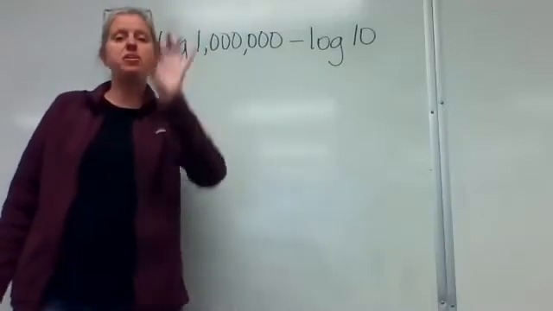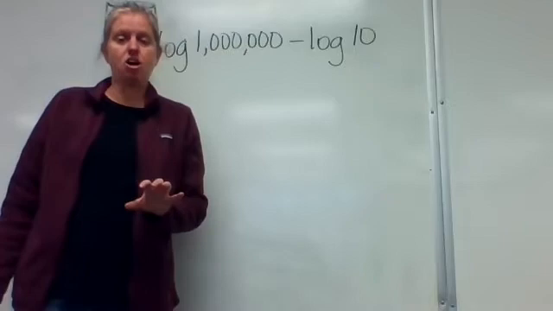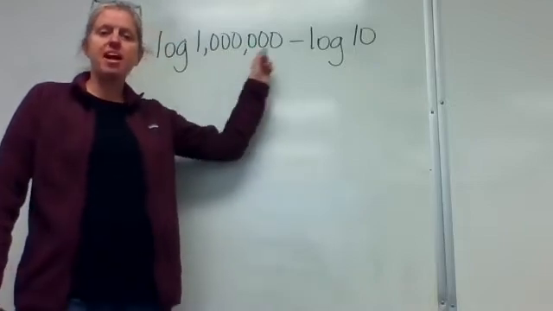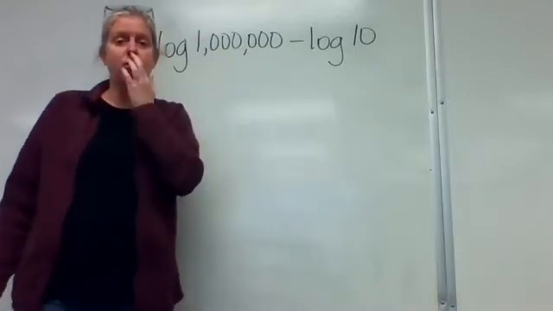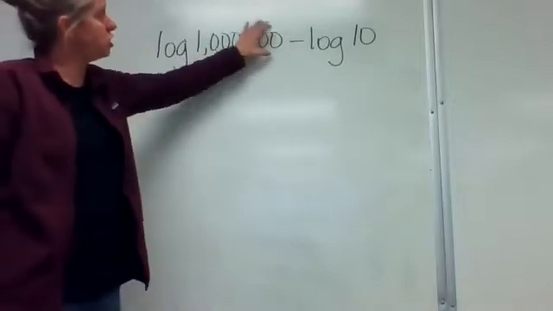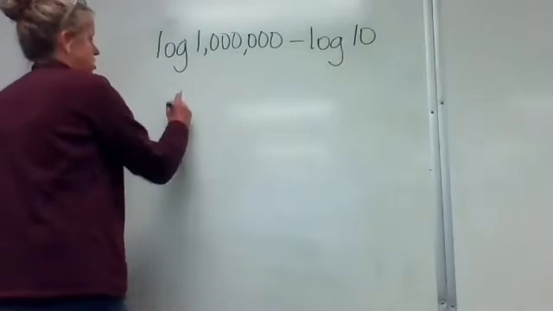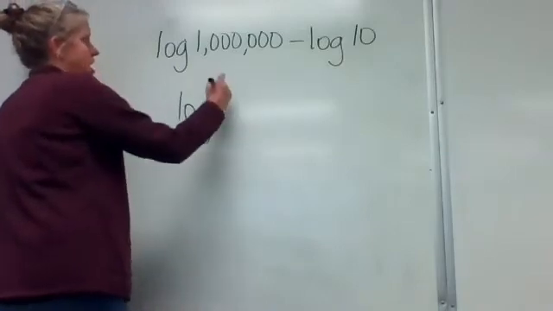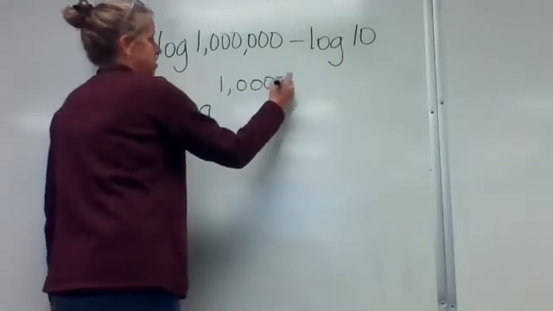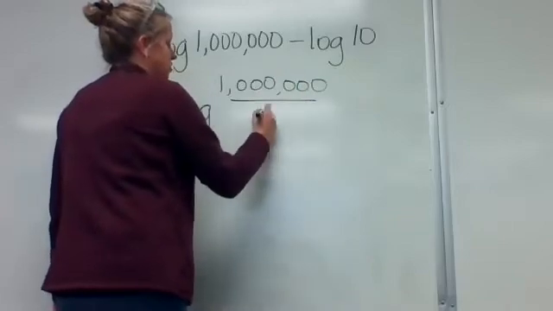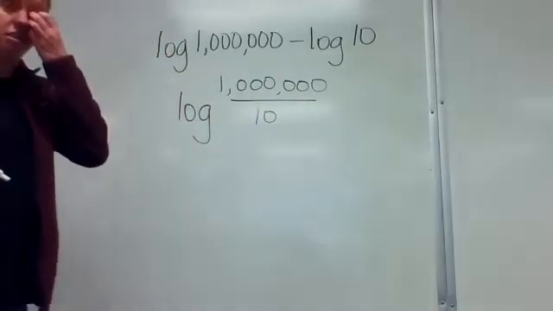They came from the division logarithms. So if I want to rewrite this as a single logarithm, I'm just going to write the first log over the second log. So it's going to turn into log of 1 million over 10.